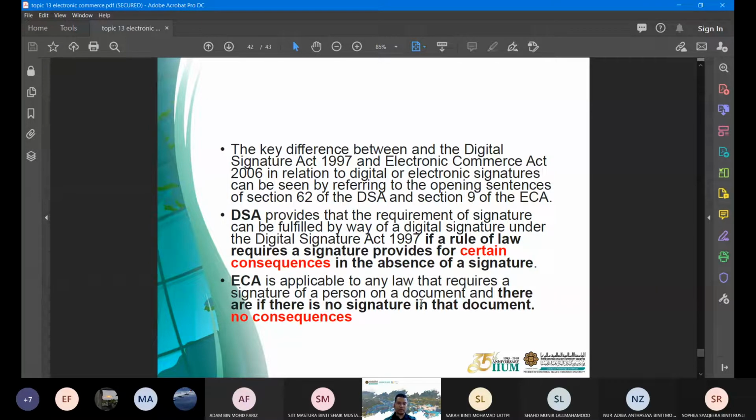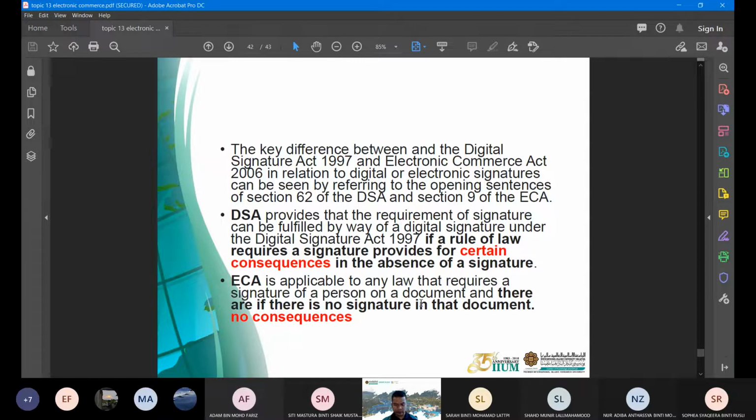No, maknanya dekat sini it applies to different sets of interest lah. If you are in a banking sector, for example, you require a higher level of security. Then you at the same time, the banks, for example, they are bound by certain regulations that they need a higher level of security.